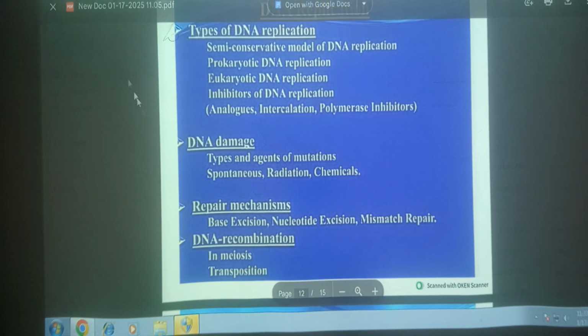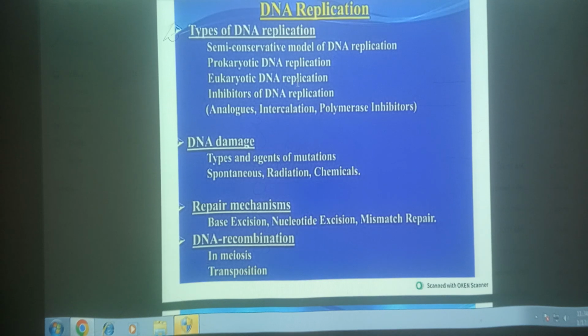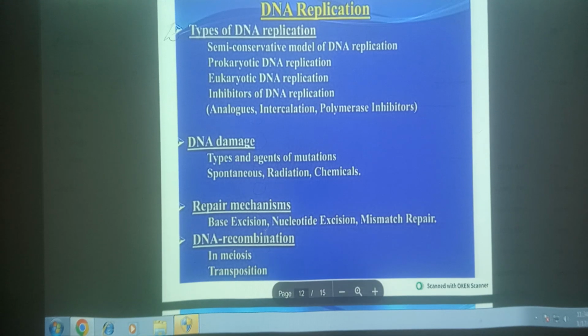There are different types of DNA replication: the semi-conservative model, DNA replication in prokaryotes, and in eukaryotes. DNA damage, types of agents of mutations: spontaneous, radiation and chemicals. Repair mechanisms and DNA recombination.